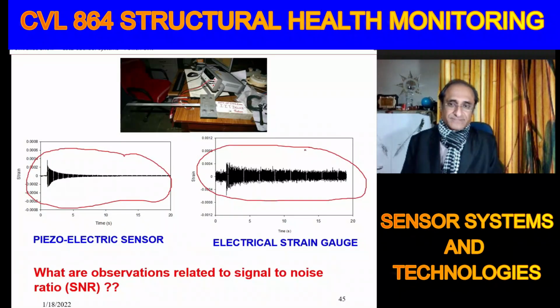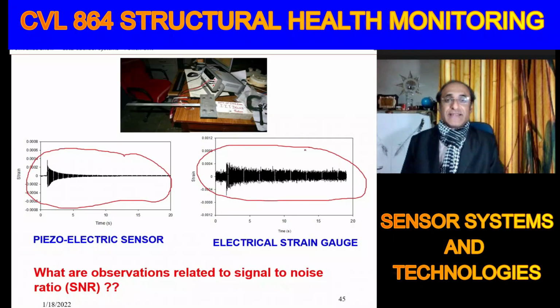Sorry, in the piezoelectric sensor there is damping. Damping is there in the electrical also. Not as much as piezoelectric. So what the observation people are saying is that we are not seeing damping in the case of the electrical strain gauge.